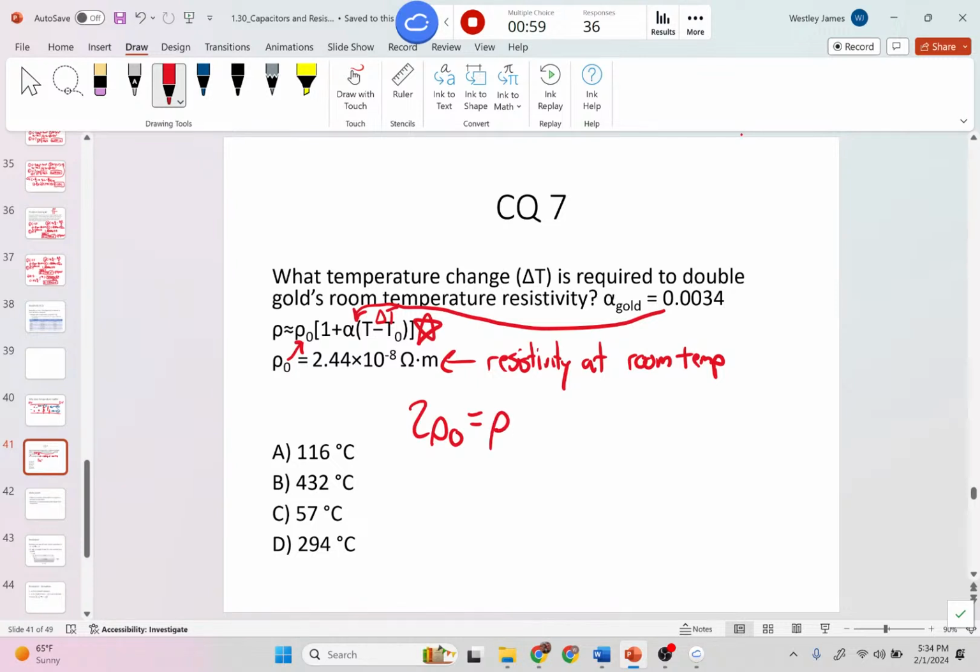So if we just plug that into our equation, I want to double it. Before I even put in any numbers, let's just replace this with change in temperature. Well, both sides have that. Fun fact, you didn't even need it for this problem. If I want to double it, I just double it. I doubled it on the left side. So I get 2 equals 1 plus, let's start putting in numbers.